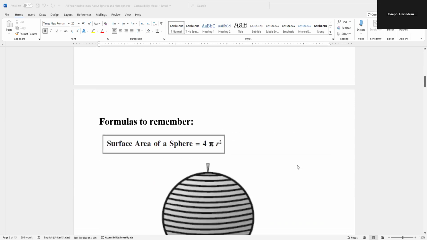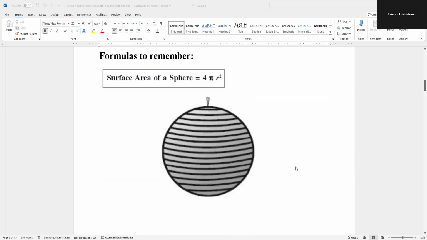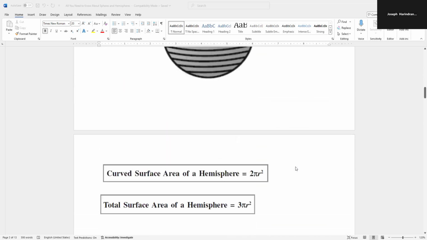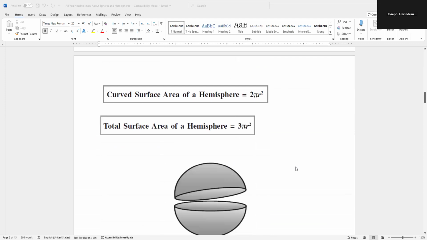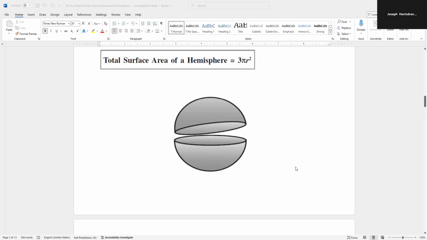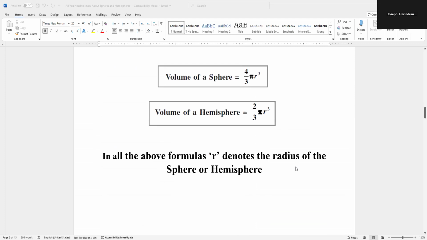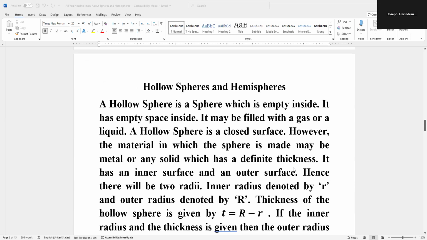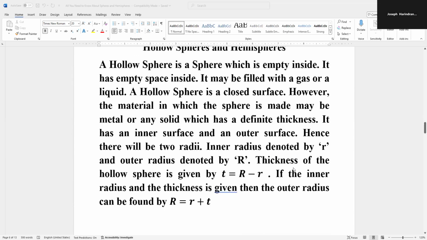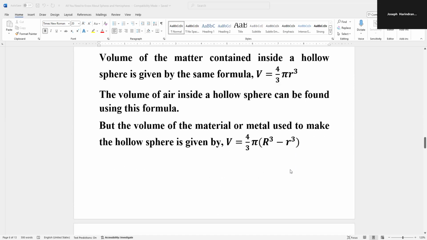And we saw the formulas to remember: surface area of sphere, CSA of hemisphere, total surface area of hemisphere, volume of sphere, and volume of hemisphere. We also saw hollow spheres and hemispheres. Using hollow spheres and hemispheres, we can find out the volume of the material or the metal used to make the hollow sphere.